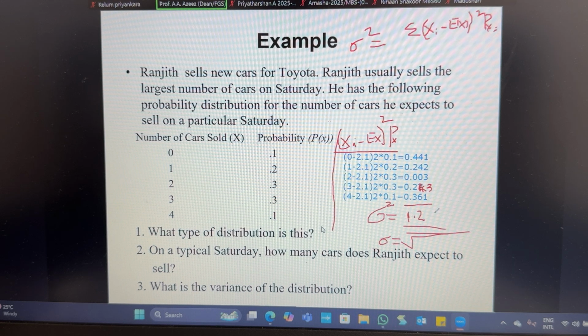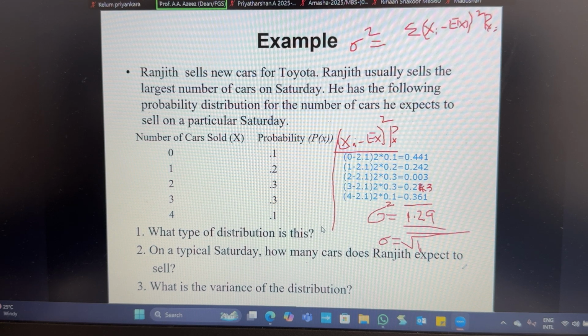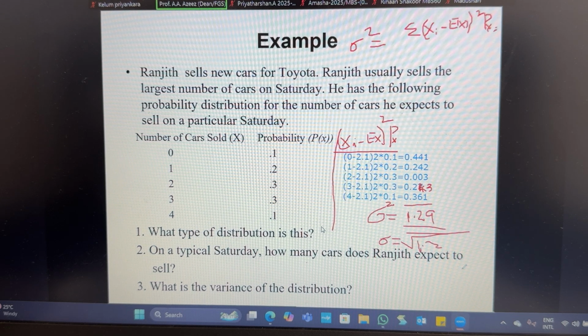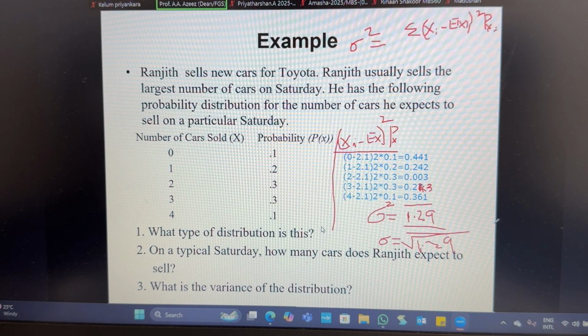There was a small mistake here. It should be 1.29. Then here the standard deviation is the square root of 1.29.